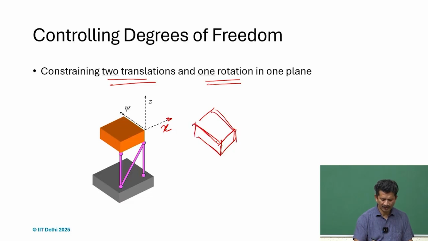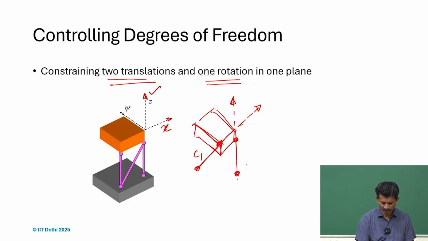So, what we realize is that if this is the translational constraint we want, we can just put an articulated link here, C1. If we want to have this z translation constraint, we can put another one here, C2.